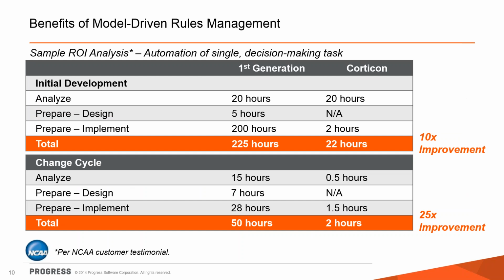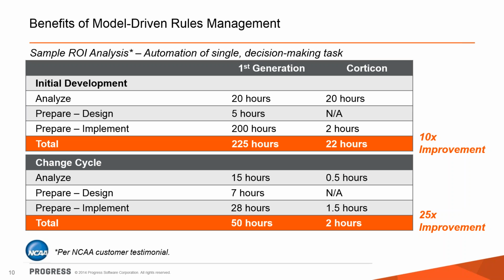Now, here's an example, some hard data points of why this approach really works. We had a customer, NCAA, the National Collegiate Athletic Association, that was using Corticon, and for a brief time, they were at a point where the rules that they were writing in Corticon also had to be written in the application code that they were writing, so they could really do an apples-to-apples comparison.